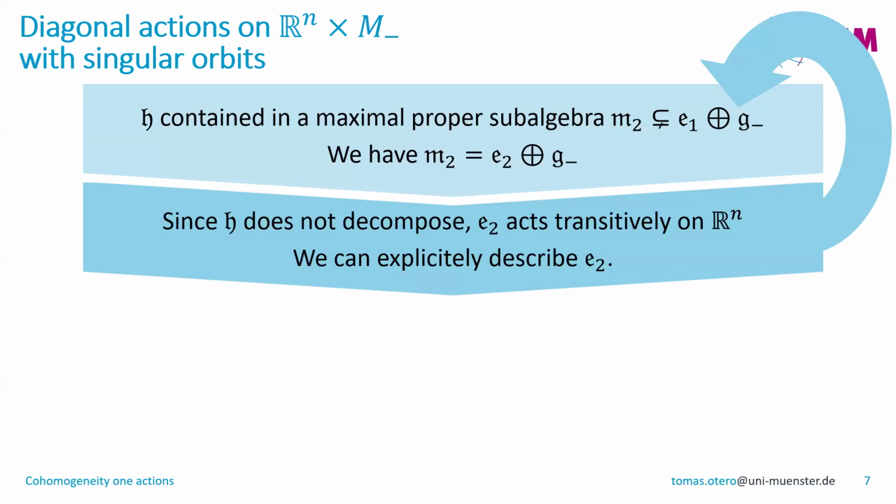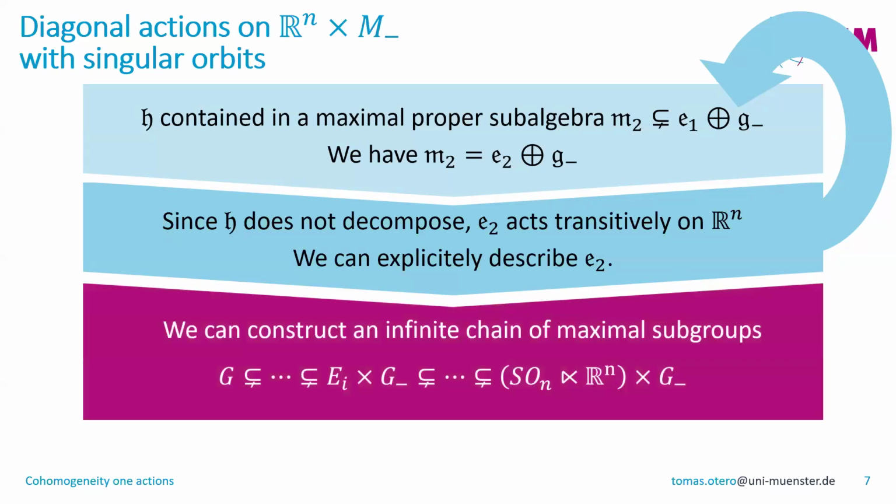This is the trick that I've used today to construct an infinite chain of maximal proper subgroups, Ei times G minus. Sorry, here there's a mistake, it should be that H is contained inside of them.